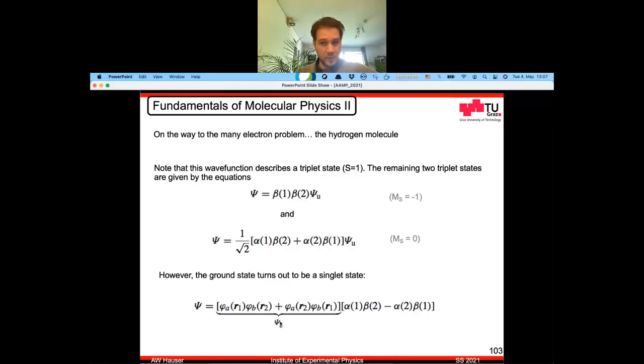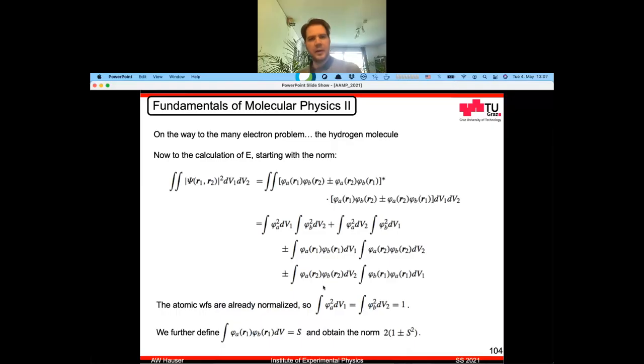In total, by building the product, we again get an antisymmetric wave function psi. Here, note that the antisymmetry stems from this part here, because if you exchange 1 and 2, you'll see we again pick up a minus sign. One electron is up, the other one is down. First electron is up, second is down, and the other one is second is up and first is down. So if you change 1 and 2, it gets this minus sign. This is our singlet state and our ground state.